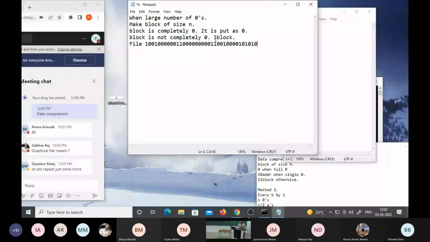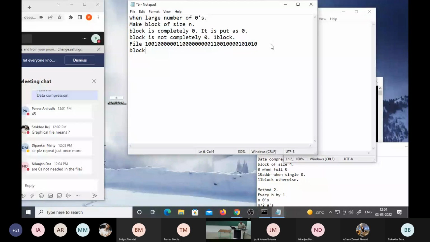Let us see. Zeros are needed in the file. Is it correct? Okay, now let us see what is to be done. Blocking. Then we shall see the method of uncompression.